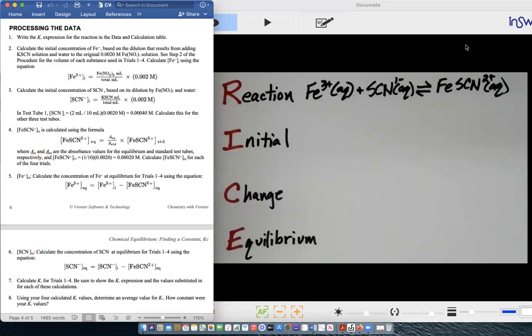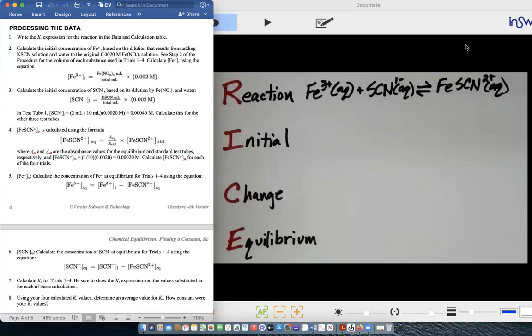What's happening here is that you are basically taking that 2 milliliters of KFCN and diluting it to 20 milliliters of total volume. Its concentration was originally 0.002 molar. So that is going to be completely consumed to form that standard by mixing with the excess of the iron that we added to it. So that would give you the amount of the equilibrium of the FeSCN.